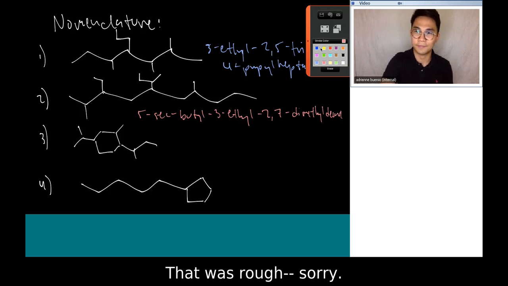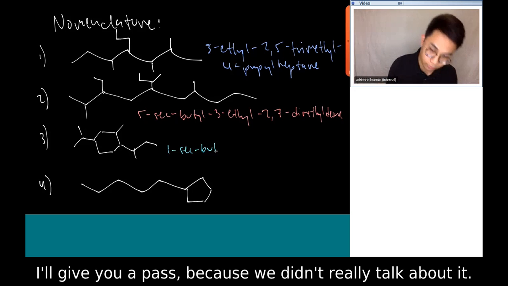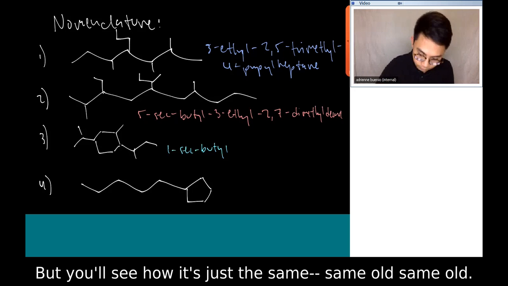Sorry. Okay, and this one. This one, if you didn't get it, I'll give you a pass because we didn't really talk about it, but you'll see how it's just the same. It's same old, same old.